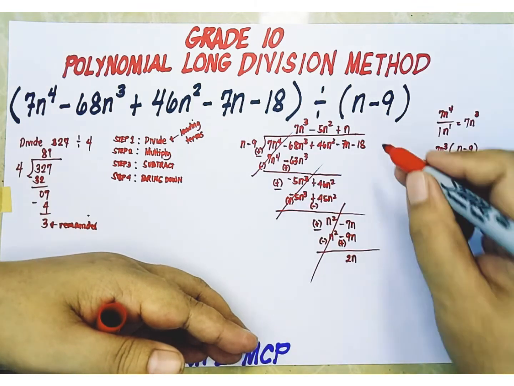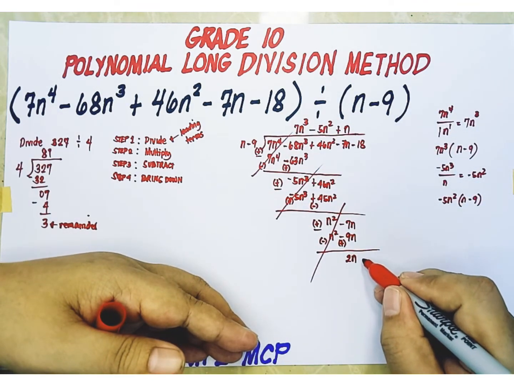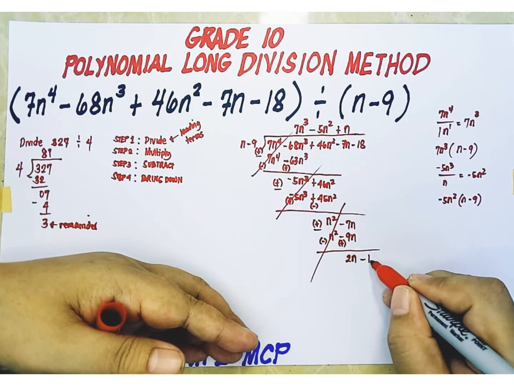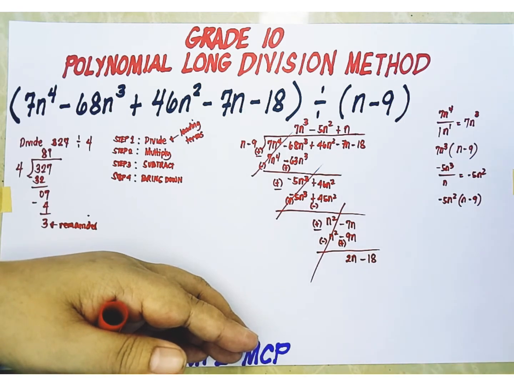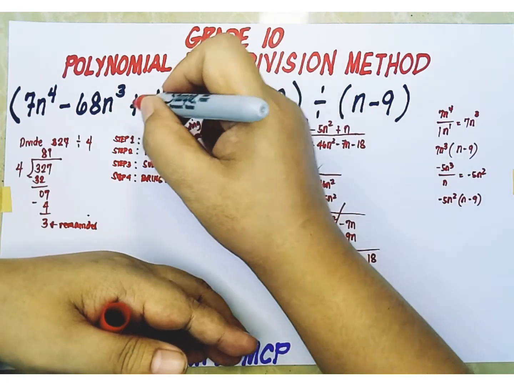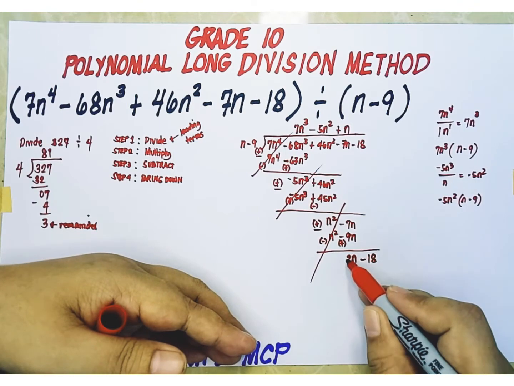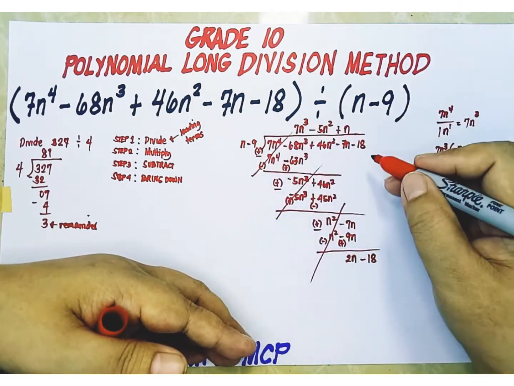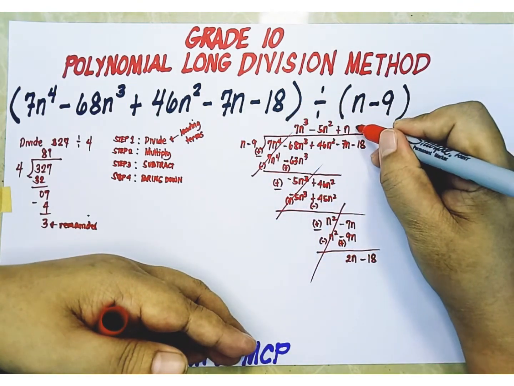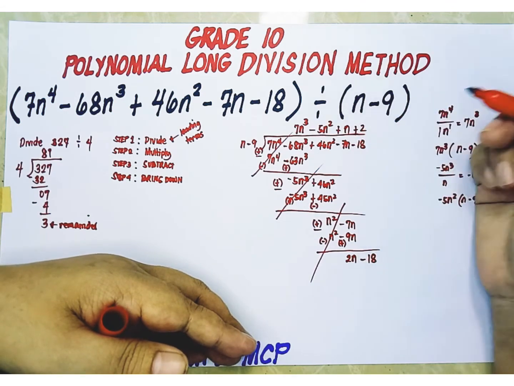Bring down the last term of the polynomial in dividend. It's negative 18. Repeat the cycle. Leading term divided by leading term. 2n divided by n is 2. Positive 2.